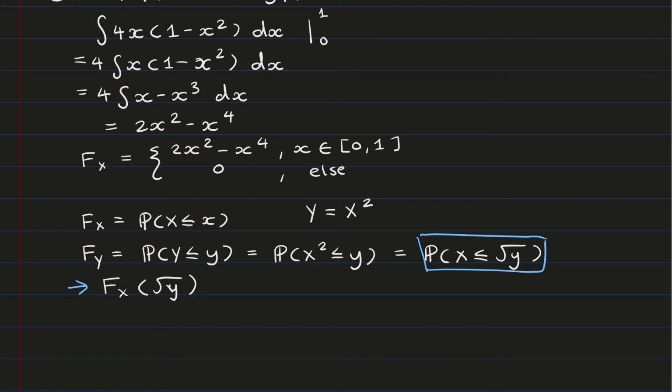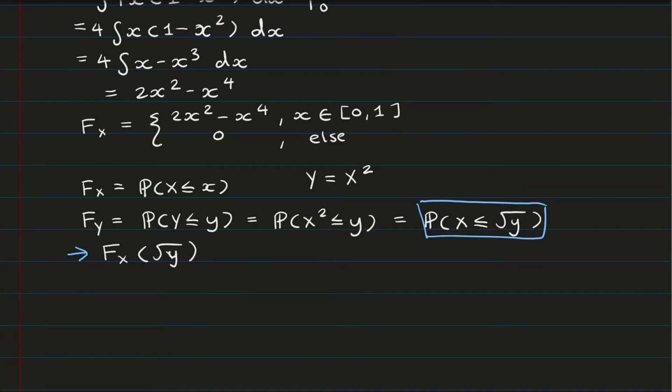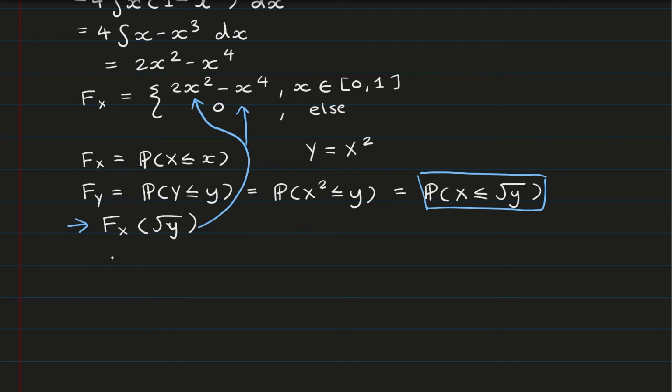What we can do now is substitute the square root of little y into x there, because we are evaluating this at the square root of y. We're going to first write out the CDF again: F(x) is equal to 2 times the square root of y squared minus the square root of y to the power of 4.